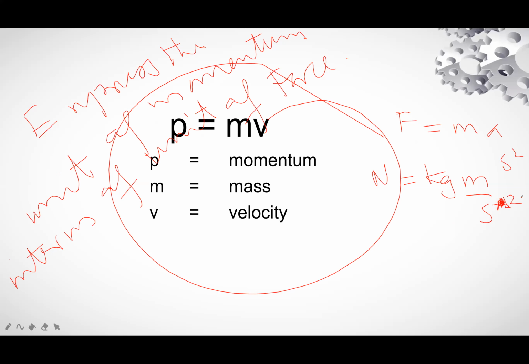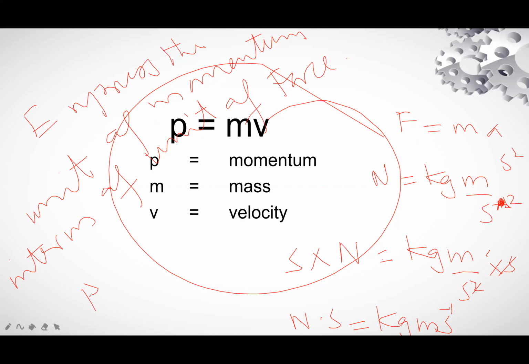Now, write Newton. Here we will write kilogram meter per second square multiplied with second. This cancels. Here you will write Newton second is equal to kilogram meter per second. I will write again.